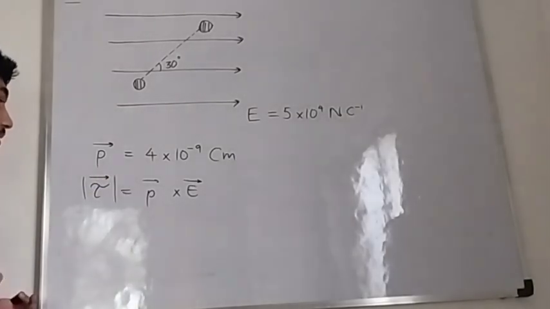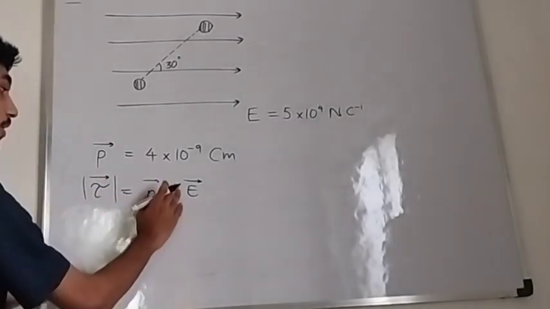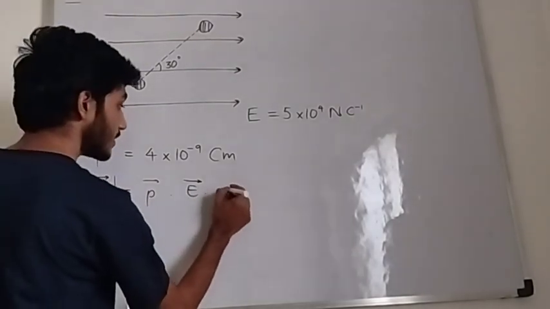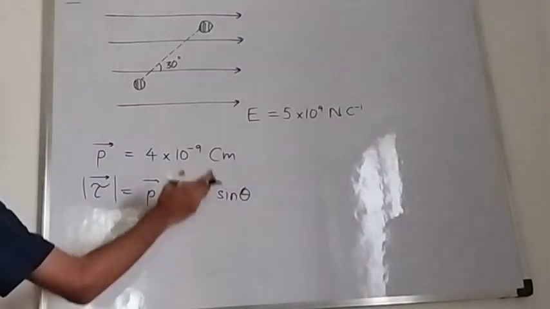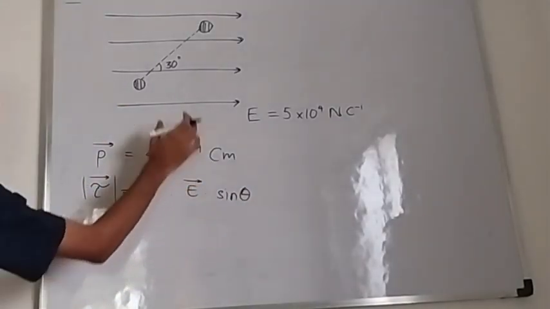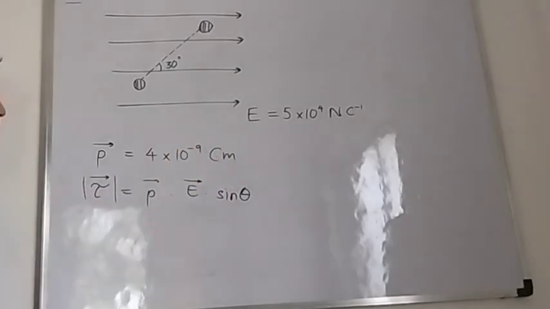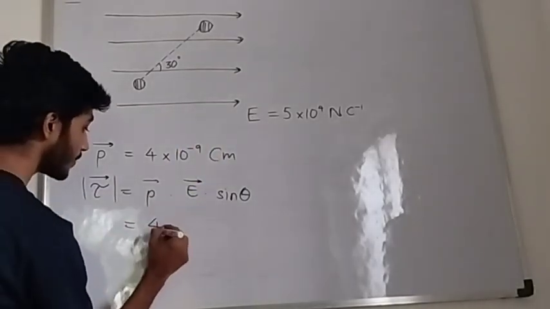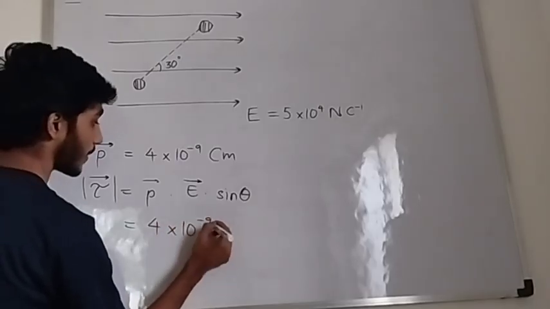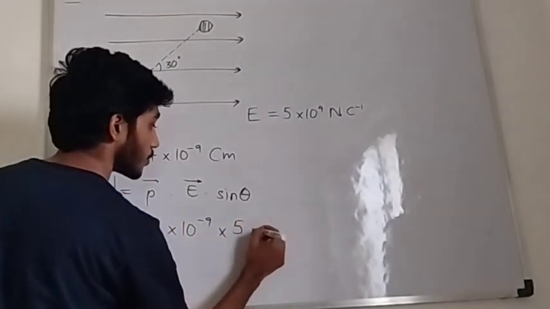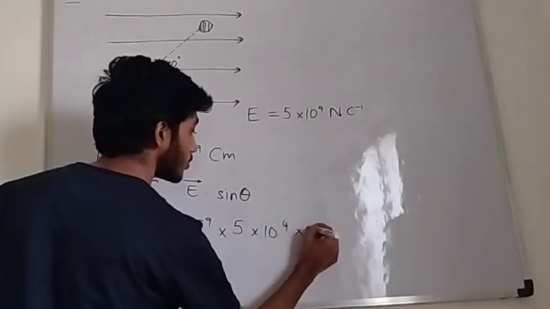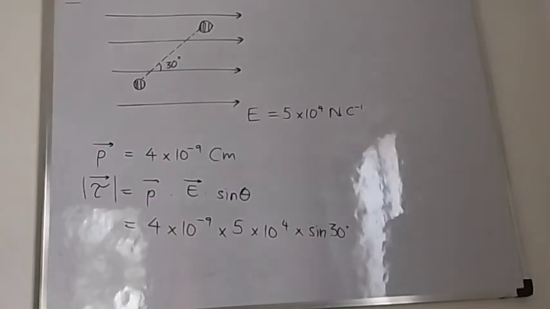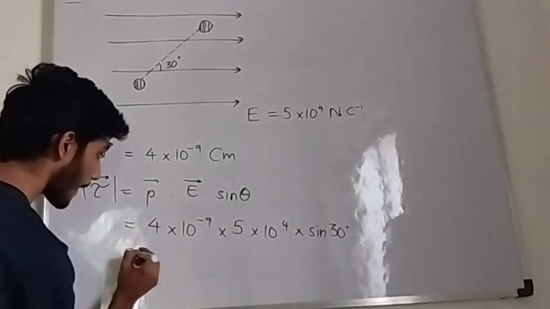So I will write magnitude or mod here, and the cross product's magnitude becomes sine theta, where theta is the angle between these two quantities, the dipole moment and the electric field, which is given to be 30 degrees in the question. Now we will just simply multiply these: 4 into 10 to the power minus 9, 5 into 10 to the power of 4, into sine 30 degrees. Sine 30 degrees is half.